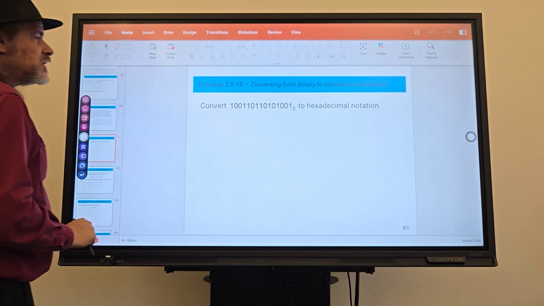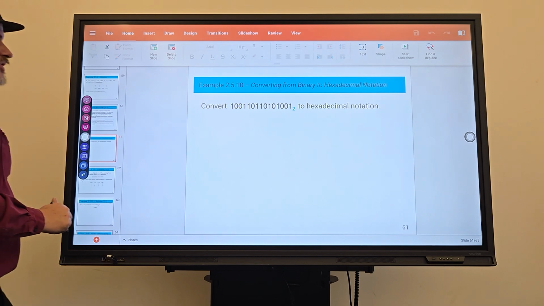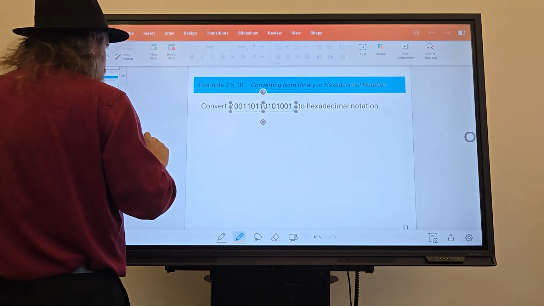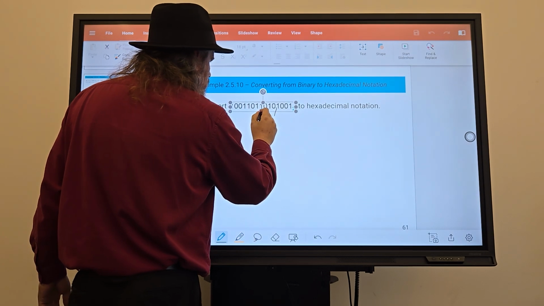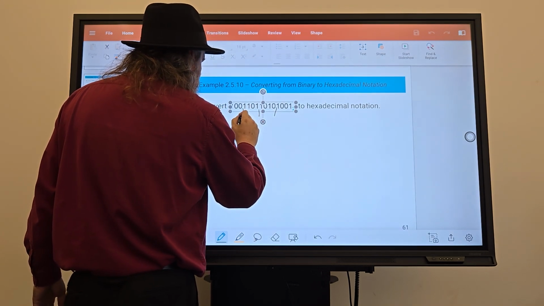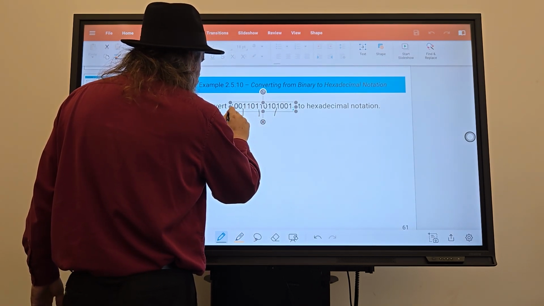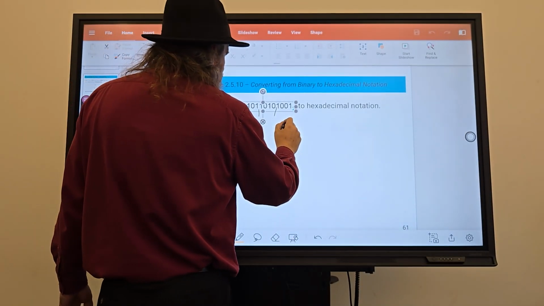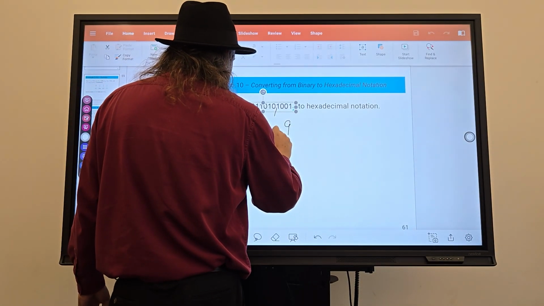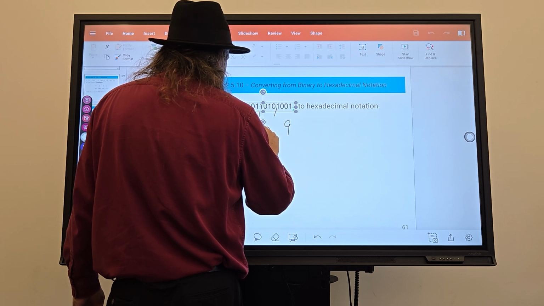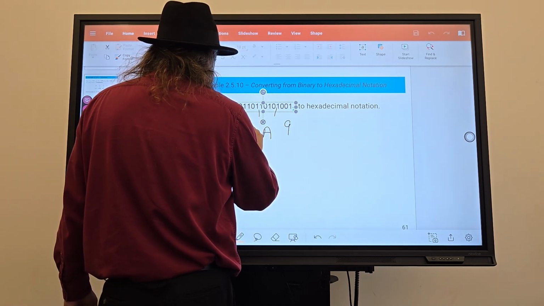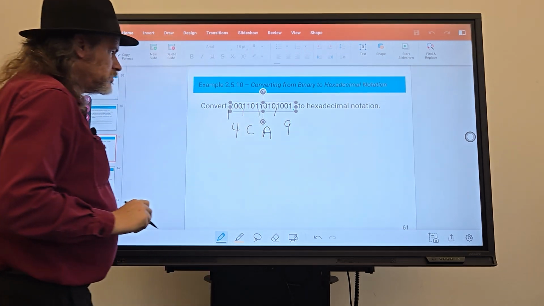So hexadecimal notation. What do we got here? We got 1, 2, 3, 4. So we got 9, A, C, and 4. Right?